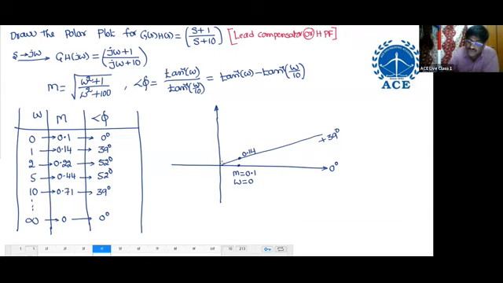Next, omega 2: plus 52 degrees, on which the magnitude is 0.22. Next, omega 5: same 52 degrees, but the magnitude is 0.44. Next, omega 10: 39 degrees.